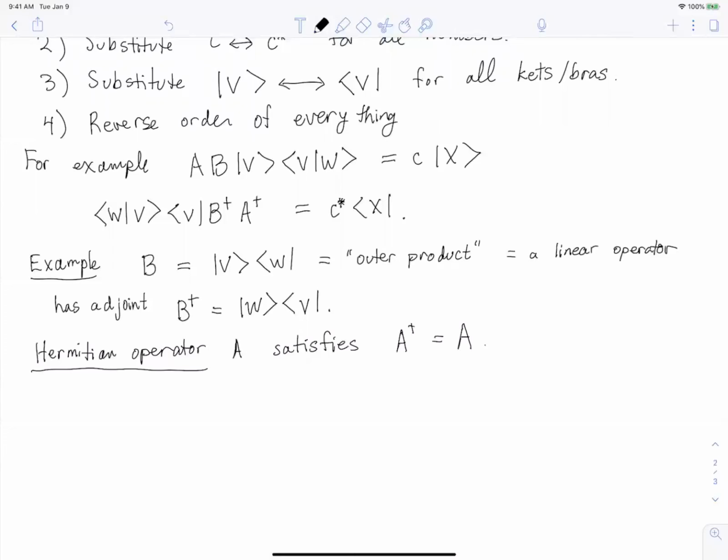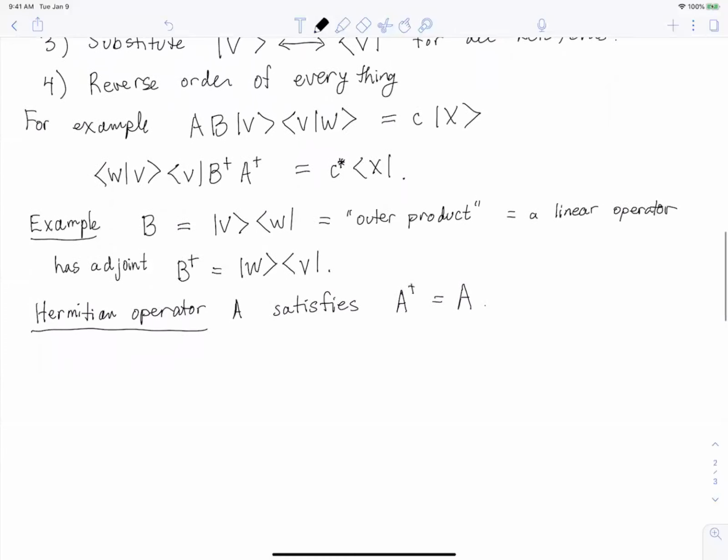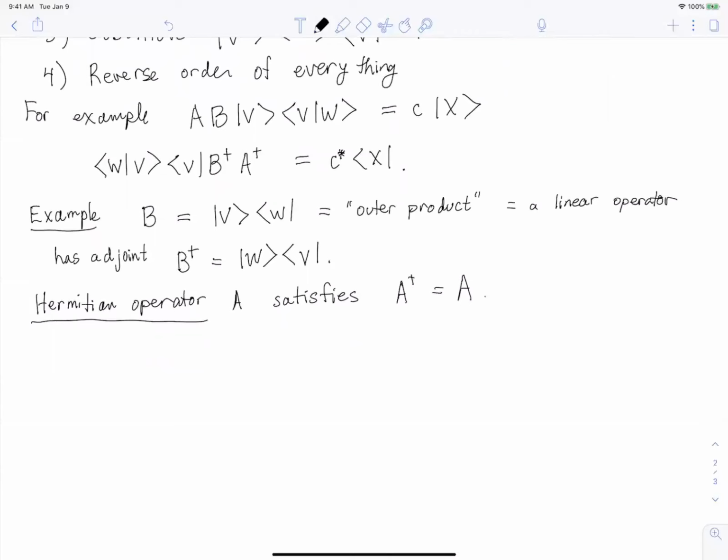A lot of the operators we're going to be talking about are going to be Hermitian, but not all of them. Occasionally, we will talk about anti-Hermitian operators. That satisfies the same thing, but with a minus sign. So an anti-Hermitian operator satisfies A dagger is equal to minus A.